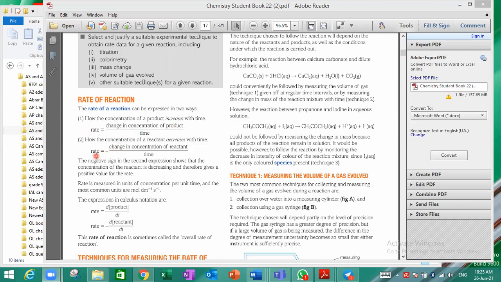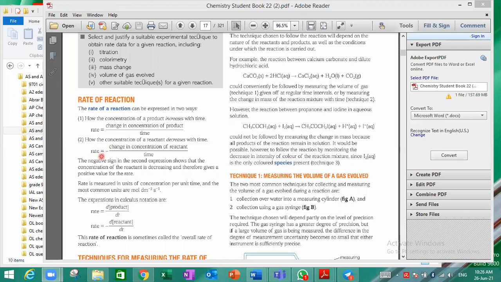But if we are measuring the rate of the reaction as the change in concentration of reactant with time, the change in concentration of the reactant, final minus initial, will give us a negative value. So negative, that's why we have to put a minus sign here, so that negative times negative means that the rate should be positive.